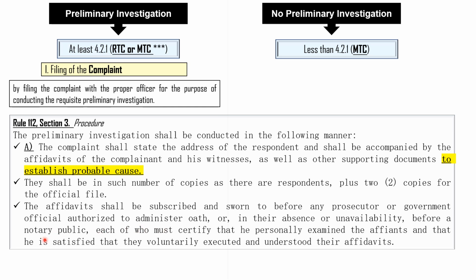Take note while notary public is written here, take note that notary public, you are allowed only to subscribe before the notary public only in the absence or unavailability of your prosecutor.